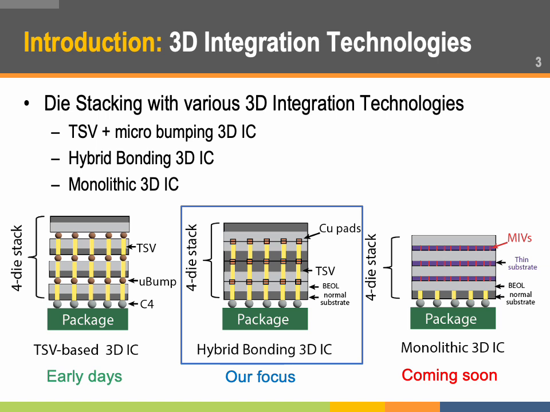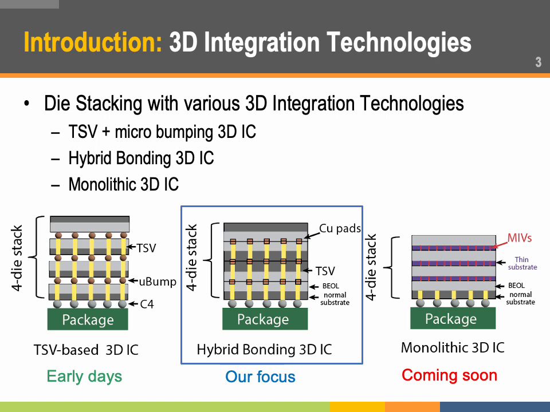In today's chip industry, 3D ICs have emerged as a competitive option for continuing performance improvement as the device scaling approach reaches its limits. There are three types of 3D integration. First, the TSV-based 3D ICs.